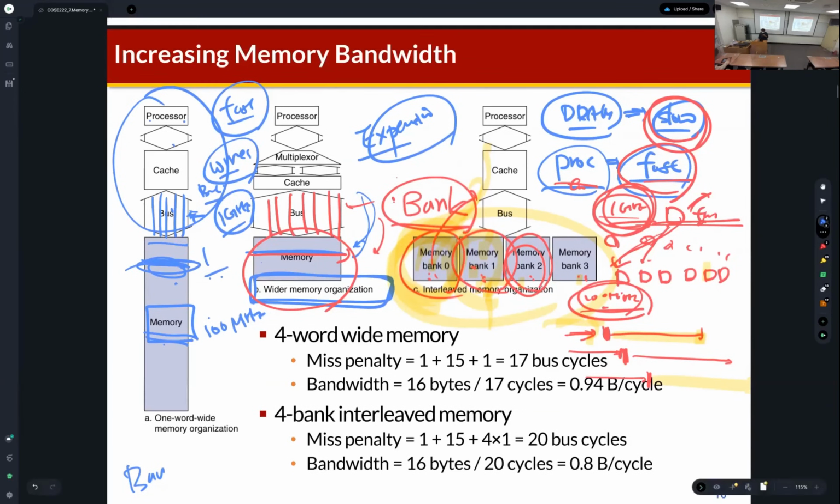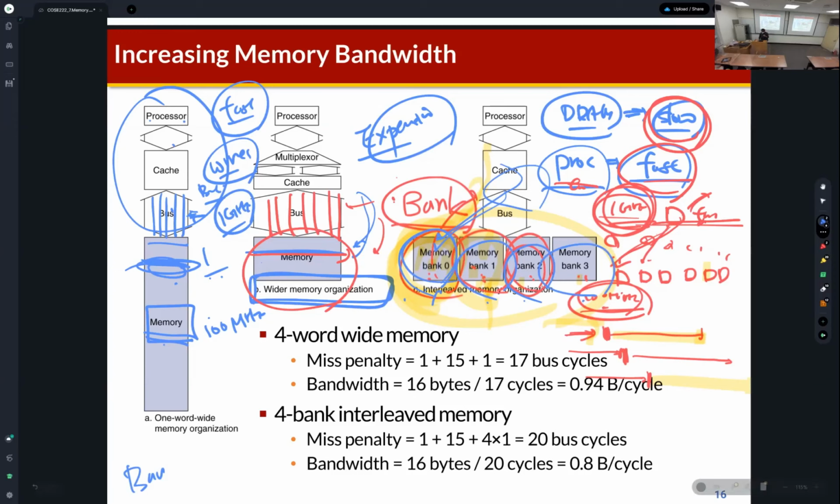This means that because the memory is slow but the processor is fast, the memory is organized as multiple modules or multiple banks. A memory bank represents an independent memory module. So the requests are given to the multiple memory banks.